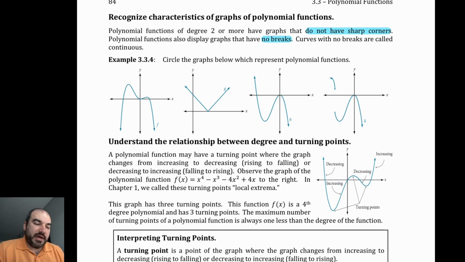There'll be nice curves that continue on forever, either down or up at the extremities, and then in the middle they'll have smooth turns. They won't have any sharp turns and they won't have any breaks in the graph.